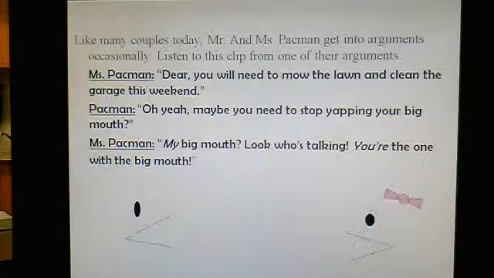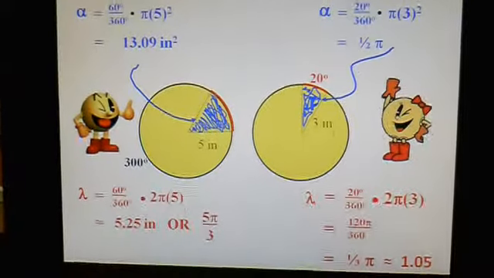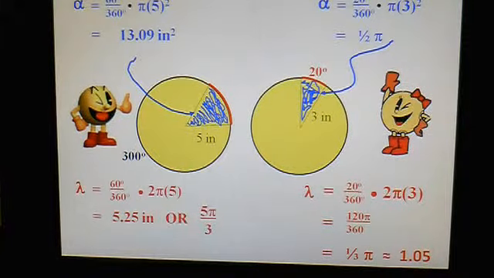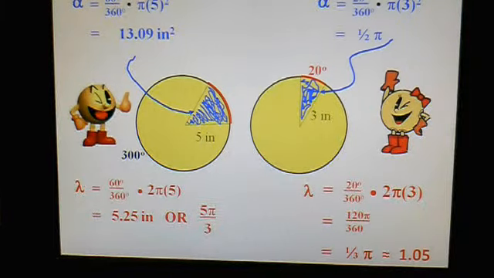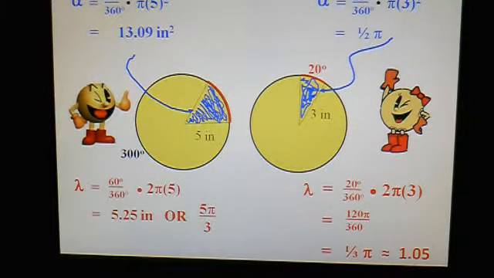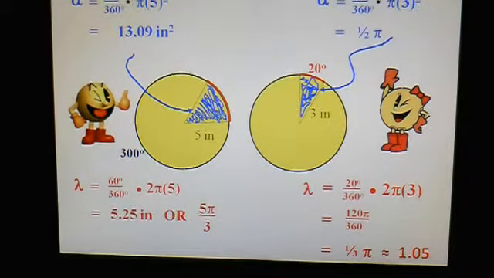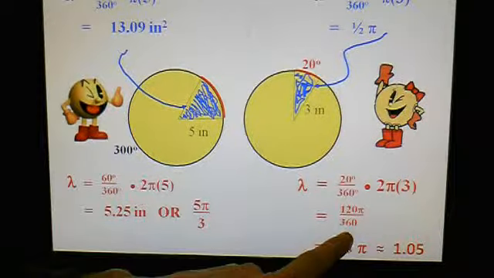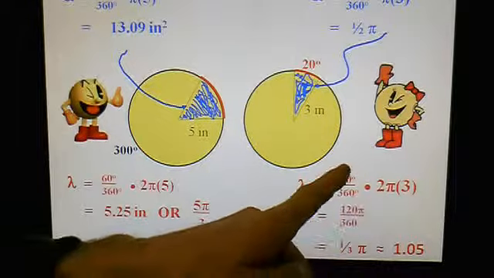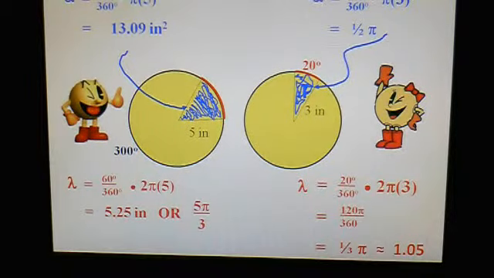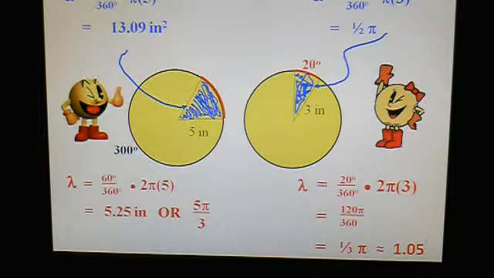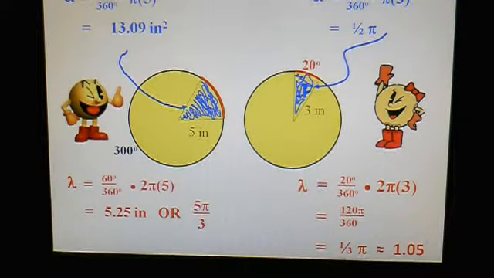It's on the bottom of your screen. Sorry about that. There's my answer. 1/3 of pi, or pi divided by 3, which is approximately 1.05. And this, of course, is the fraction notation for it. If you were to do 6 times 20, you get 120. 120 divided by 360 is 1/3.